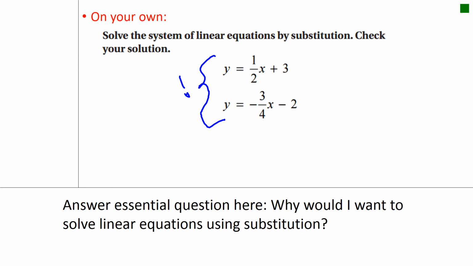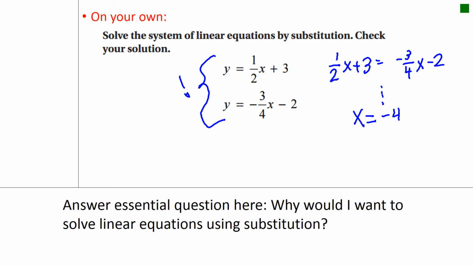All right, guys. You should have set these two equal to each other since they both say y. That's 1/2 x plus 3 equals -3/4 x minus 2. You should have combined your like terms and got x equals -4. All right. Then you should have plugged in x for one of the two equations. This one it didn't matter because both of them said y equals.